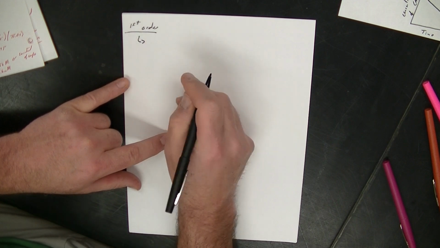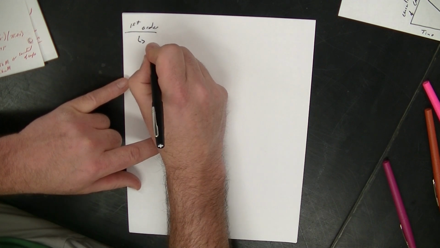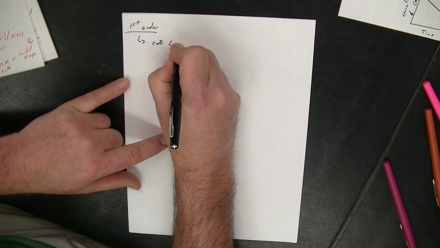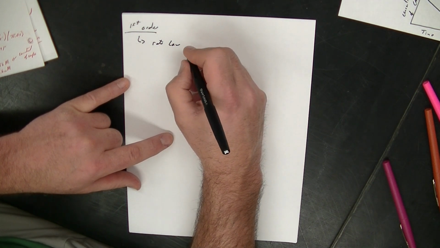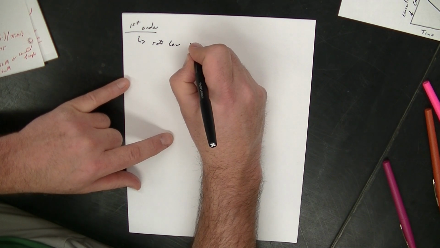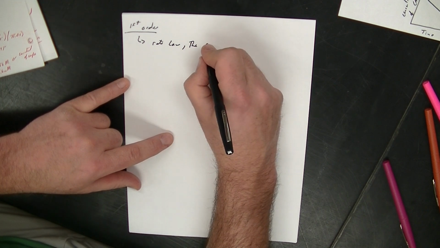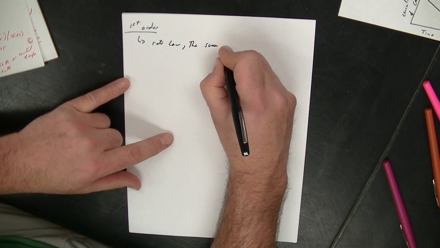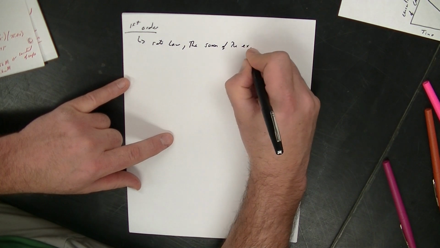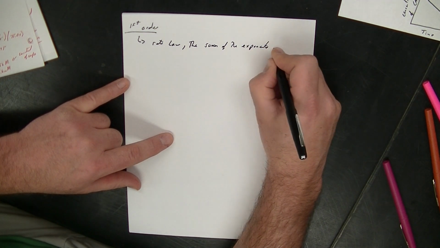So in our first order reaction, our rate law, the sum of the exponents is 1.